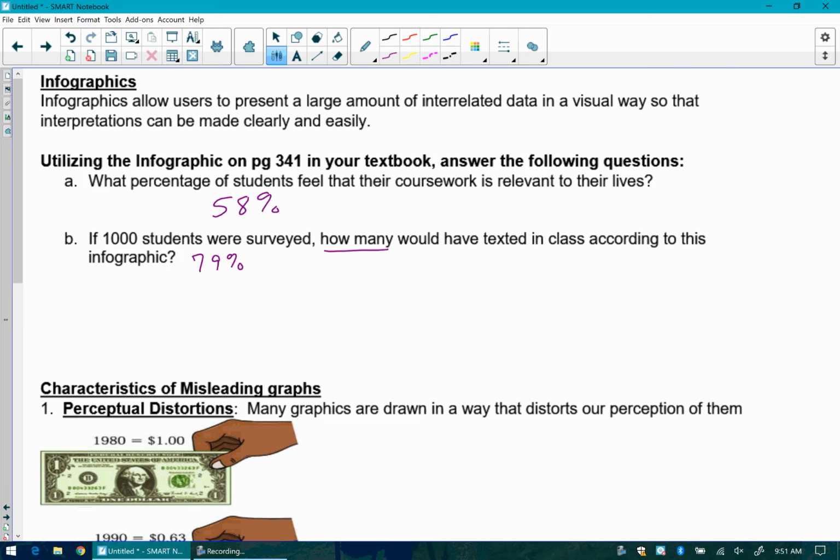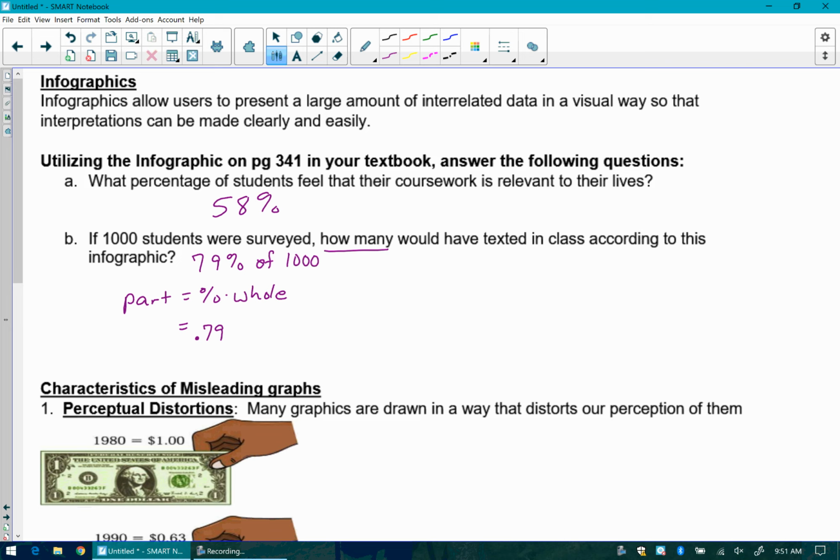So we want to figure out what 79% of my 1,000 students is. Hopefully you recall our formula from last unit, part equals percent times whole. With that said, our percentage, 79%, will go in the percent spot. We have to change it to a decimal, so 0.79: divide it by 100 or move that decimal 2 places to the left.